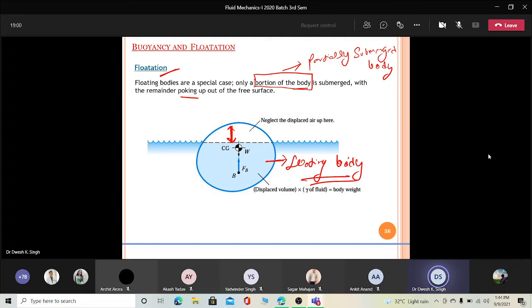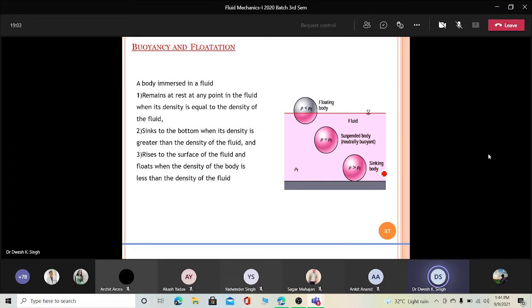Now let's discuss some more about this, when it will be submerged and when it will be the floating case. I think you can experience this in your practical life. A body can be completely submerged inside the fluid, and it can reach the bottom of the fluid when the density of the object, here rho is the density of the object, and rho F is the density of the fluid.